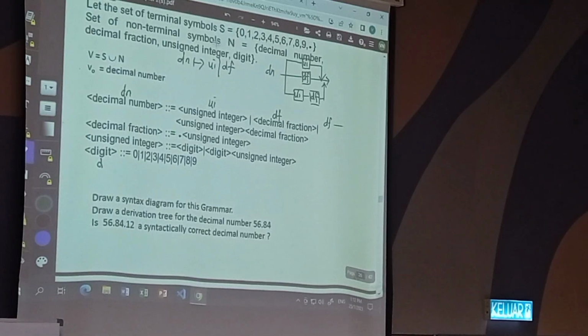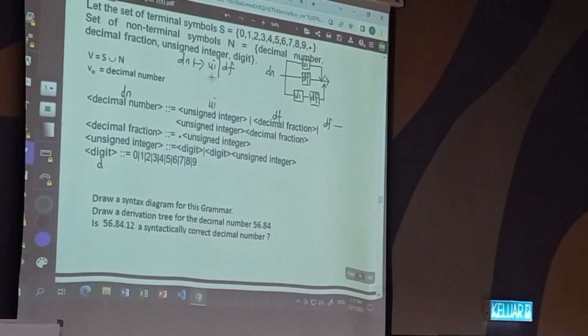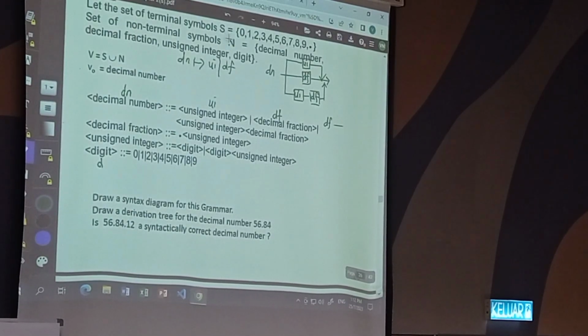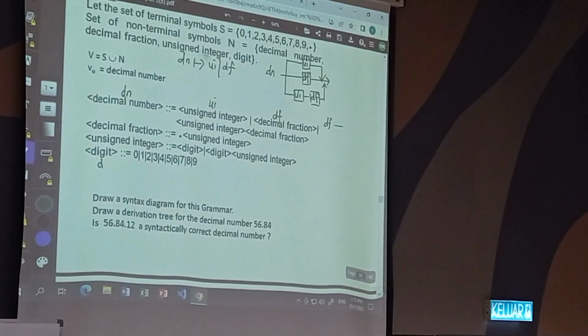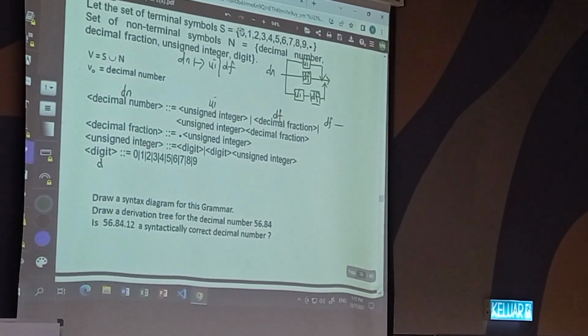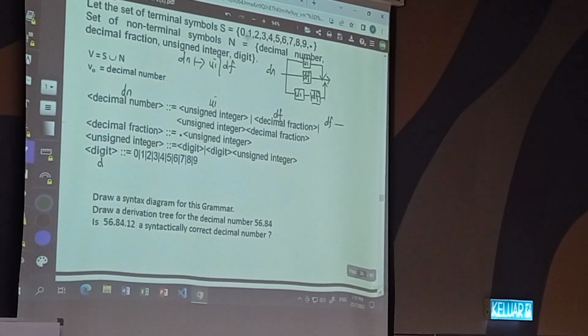So in this case, to decide which one is terminal, you need to look at your set S and also the set V. They will give you all the S and V, so you can see whatever not inside the set S, that is the non-terminal symbol. All the elements inside here are terminal.